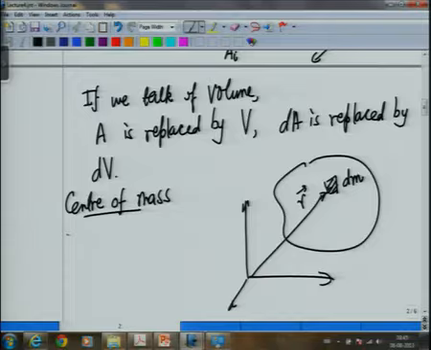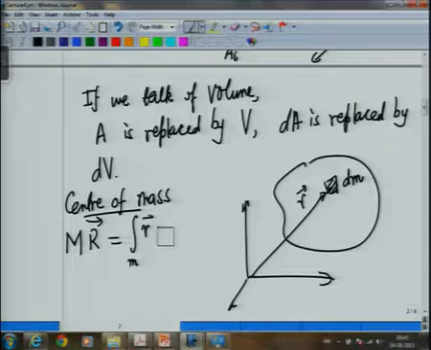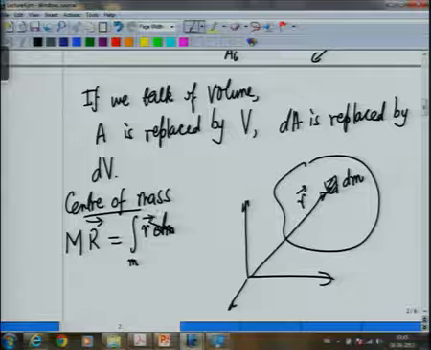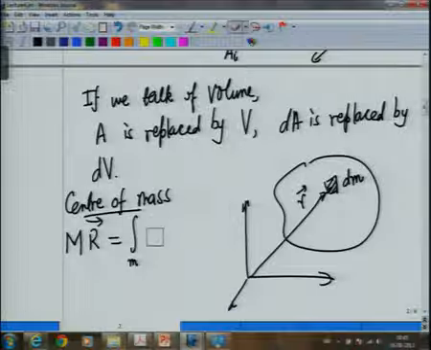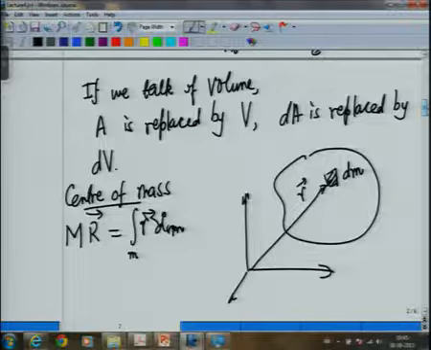Then the total mass times the position vector of the center of mass will be equal to the integral of r dm. This is how we work out these things.